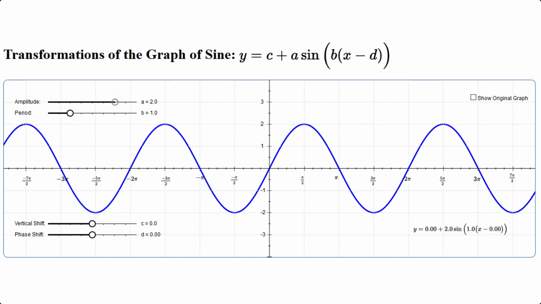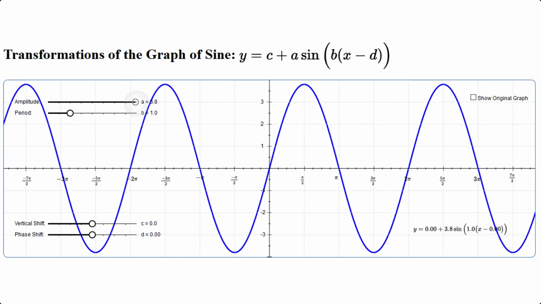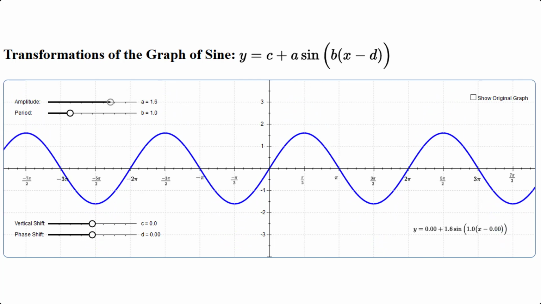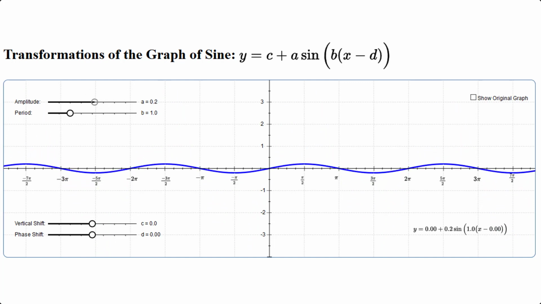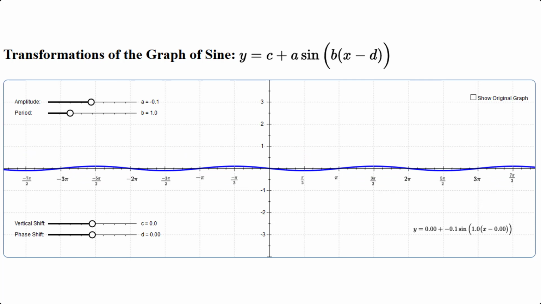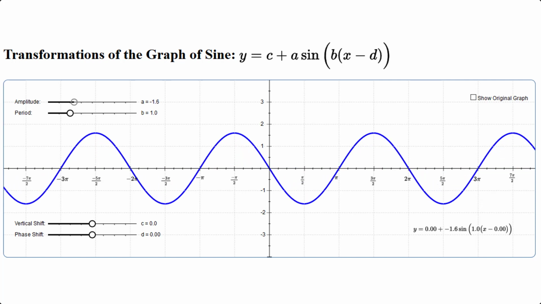All right, and if you further increase it, all the way up to, say, about 4, the amplitude is just the maximum distance from that central axis. If you decrease it down to 0, then of course you get a line because 0 times your function cancels everything out. If you make it negative, then our graph is just flipped upside down.